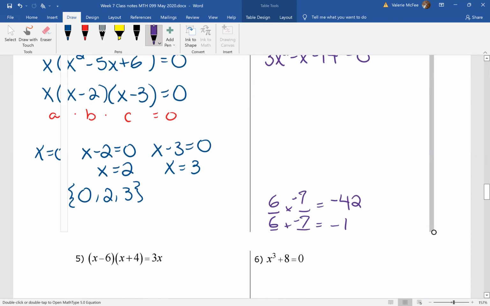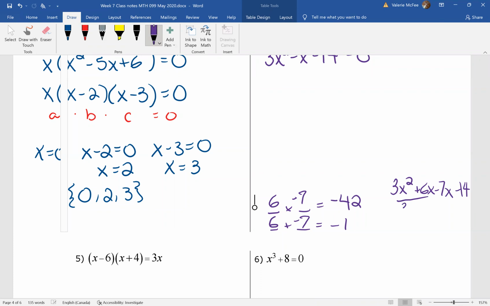So we have to rewrite our equation. 3x was common in the first two terms. -7 was common in the last two terms.